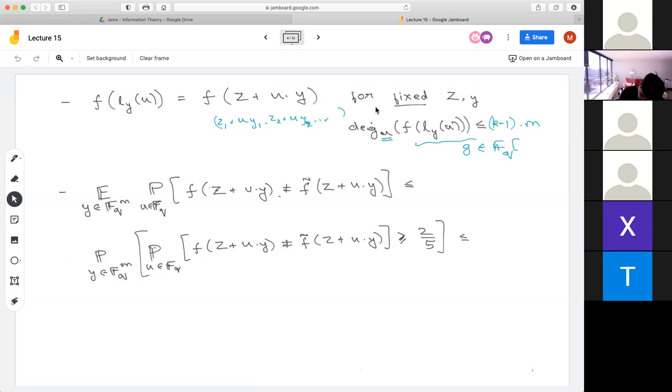It's just a polynomial in one variable. And my claim is that the desired answer is the polynomial g evaluated at u equals 0. I plug in u equals 0, I get f of z, which is what I really want.